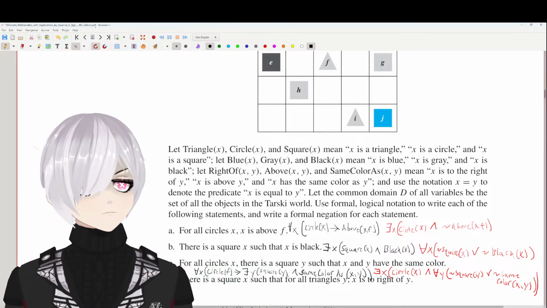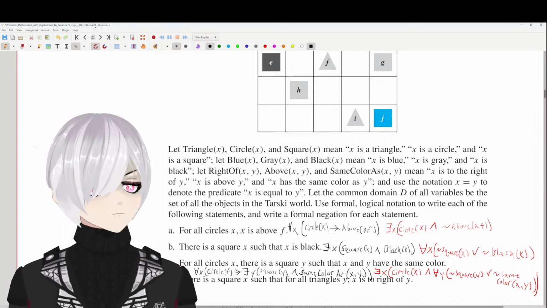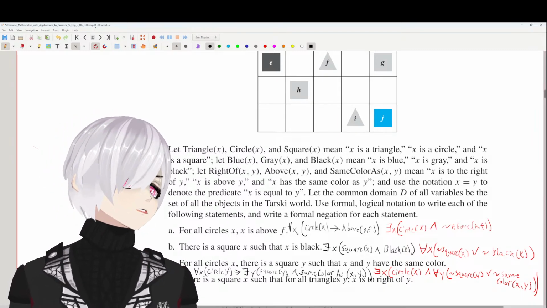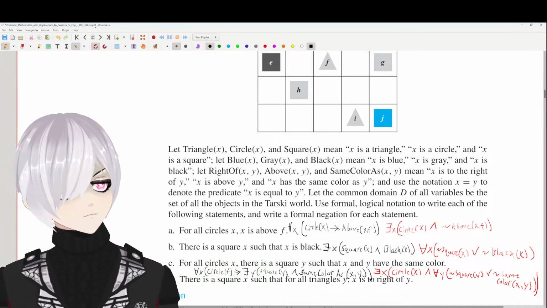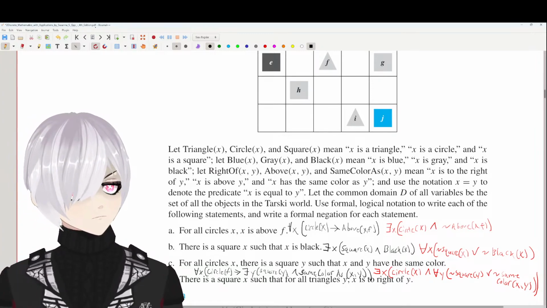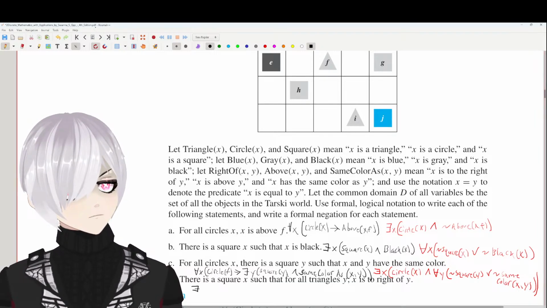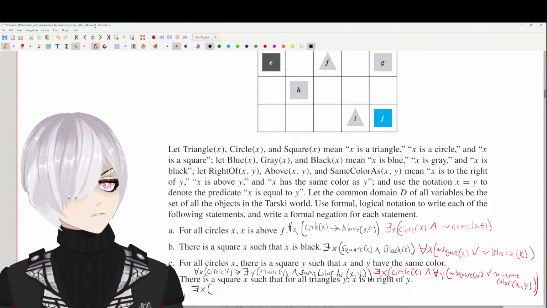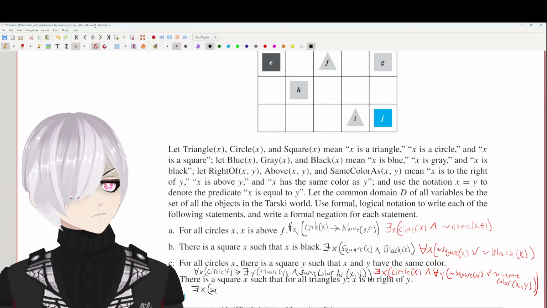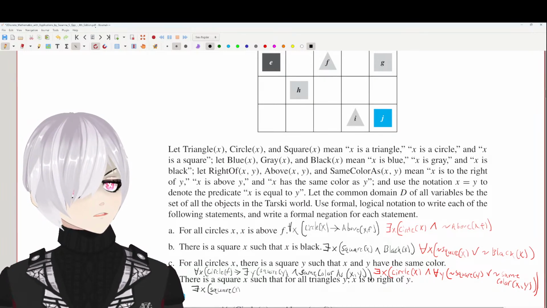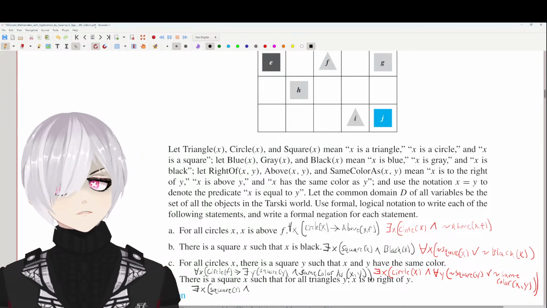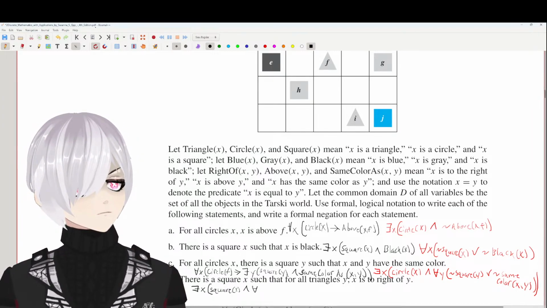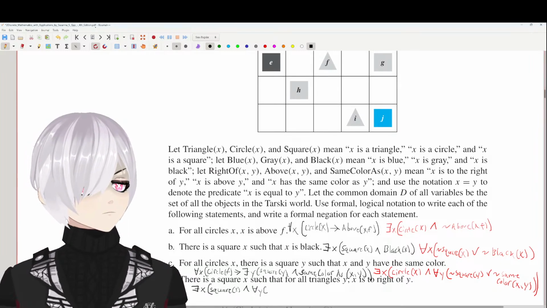Last but not least, there exists a square x such that for all triangles y, x is to the right of y. Okay, so there exists an x such that x is a square, and for all triangles y, x is to the right.